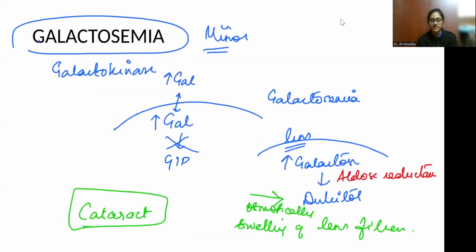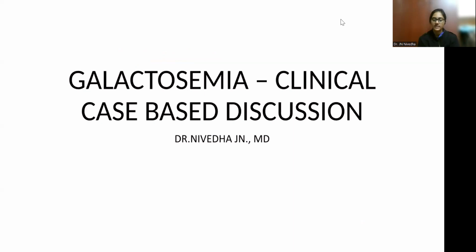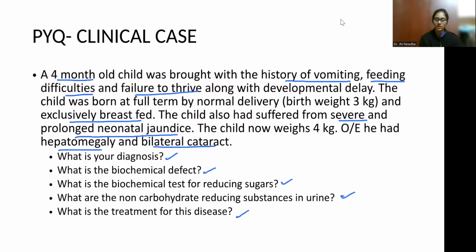So you can see we have answered this question: the diagnosis, biochemical defect, biochemical test for reducing sugars, non-carbohydrate reducing substances in urine, and treatment. All of which we have answered.